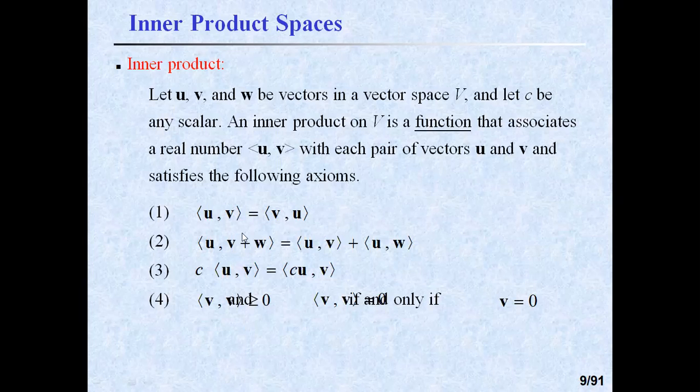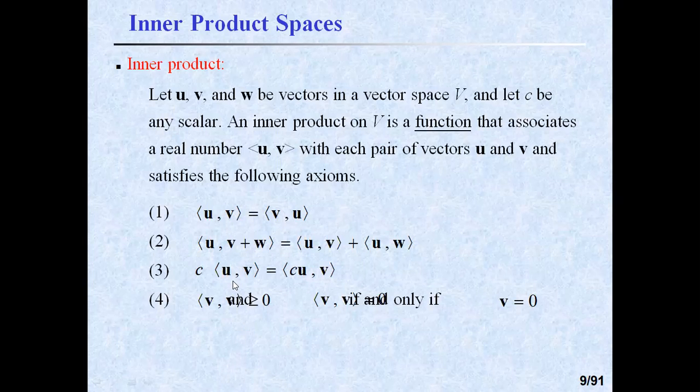First one: the inner product of u comma v is equal to the inner product of v comma u. Second one: the inner product of u comma v plus w, distributing over v plus w, is the inner product of u comma v plus the inner product of u comma w.